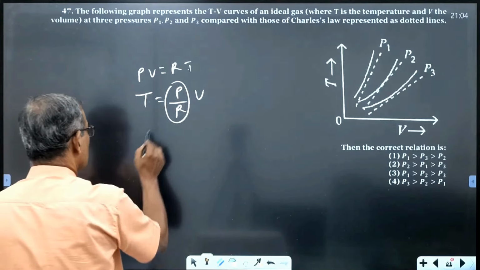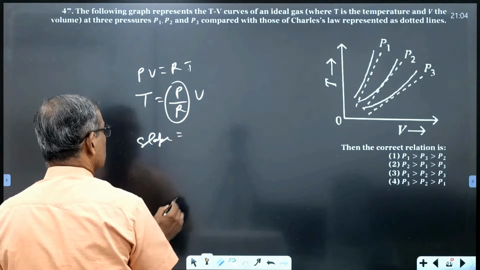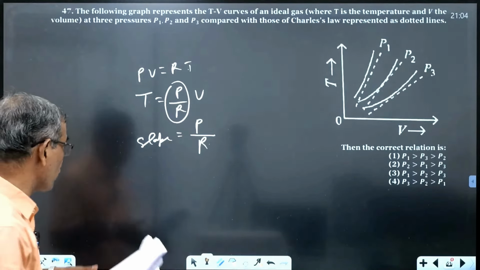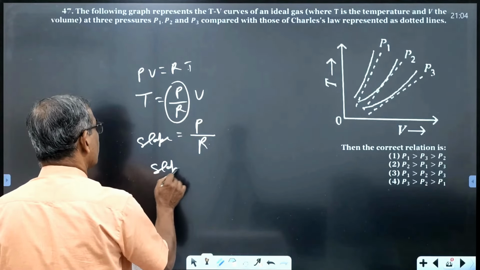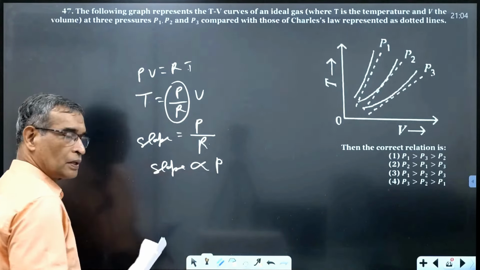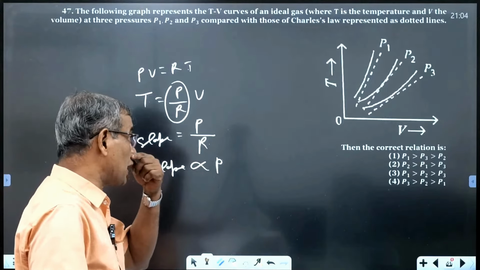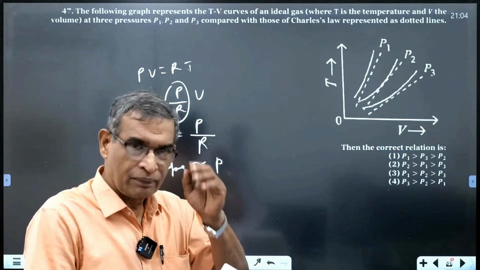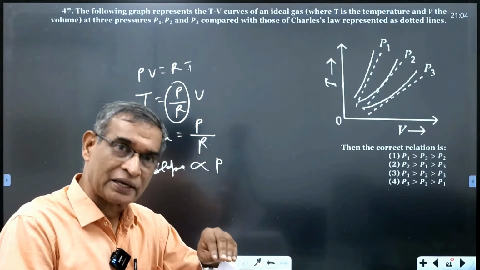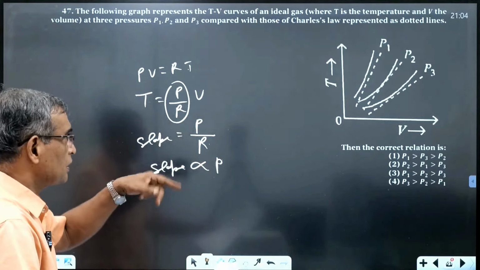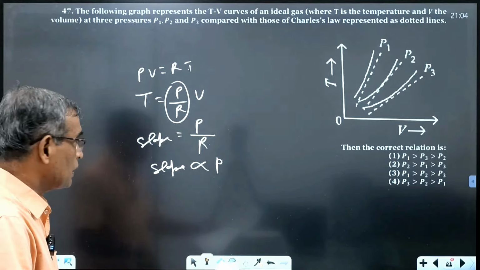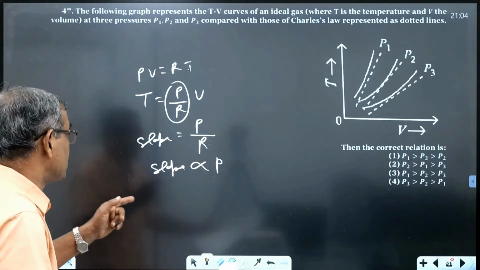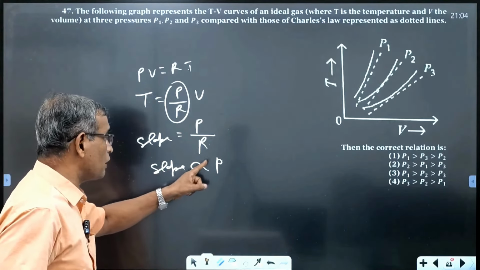The slope of the graph is equal to P by R, where R is a constant, so the slope is proportional to P. If you conduct the experiment for the same gas at different pressures, there is a deviation. Still, you can see that the slope is larger when the pressure is large.